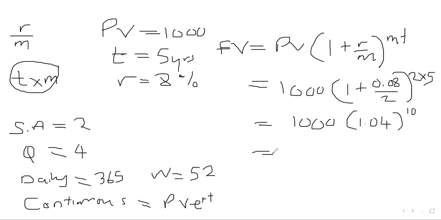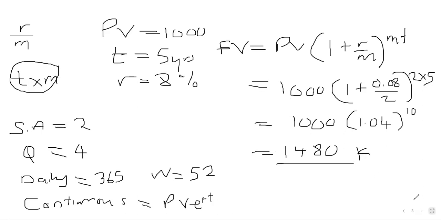One thing you also need to understand is that the more you compound, the higher the figure. So in this case, 1.04 to the power 10 times 1000, we're going to get 1480 kwacha.